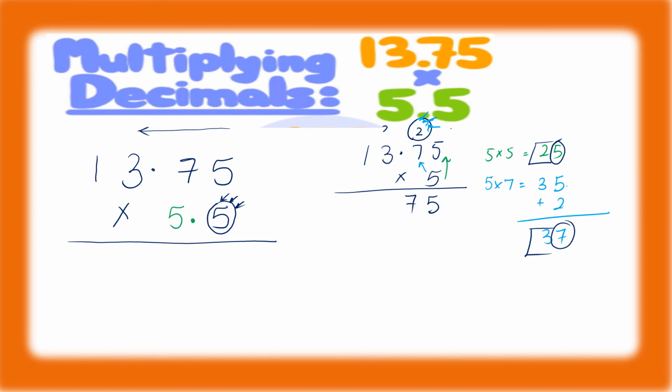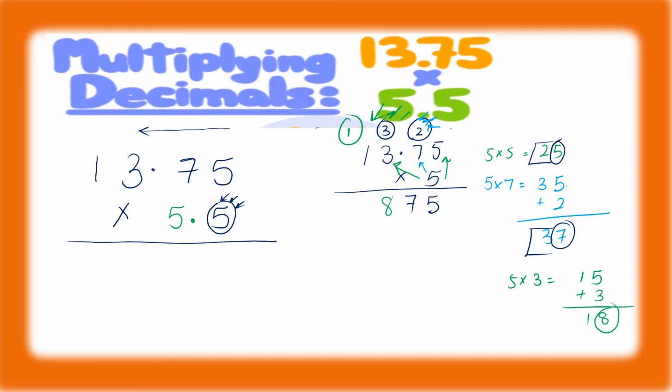Okay. Now multiply this 5 times 3. So 5 times 3, what do we get? 15. But there is a carry here 3. So you add the 3 in this one. So 5 plus 3, 8 and here is the 1. 18. So we write the 8 down and 1 in the carry, this one.